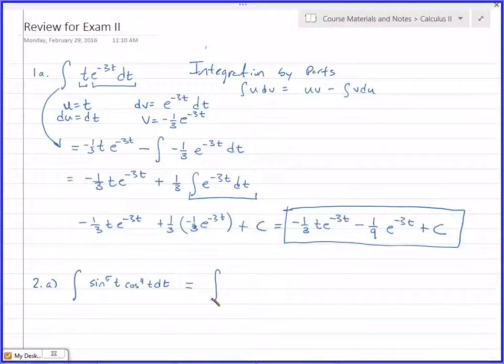Okay, so integral, I'm going to pull off one of the sine t dt off to the end, and then I'm going to have sine to the fourth of t cosine to the fourth of t.